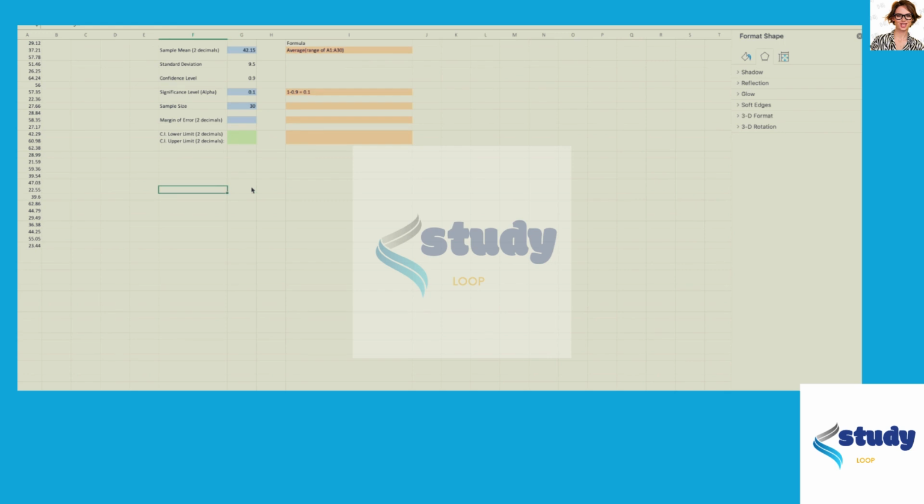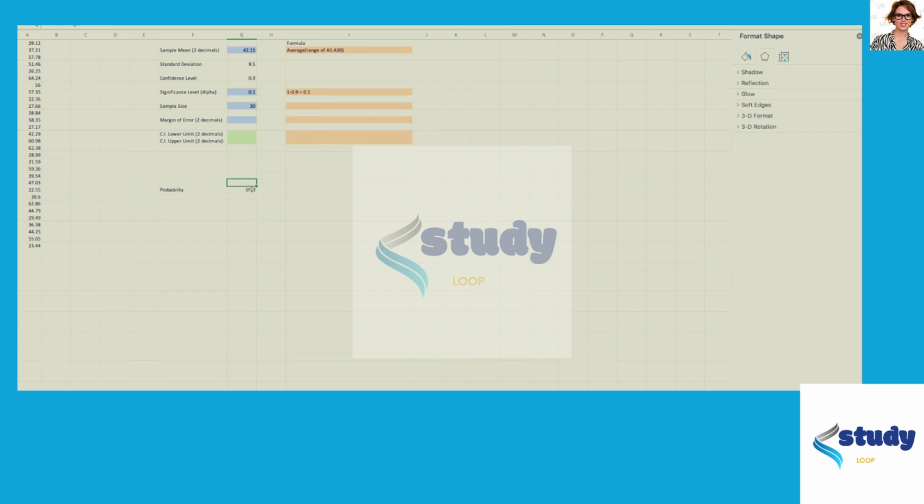So what you're going to do is you're going to hit the equal sign, then 1 minus, and then a parenthesis, that 0.1 divided by 2, and then close your parenthesis and hit enter.